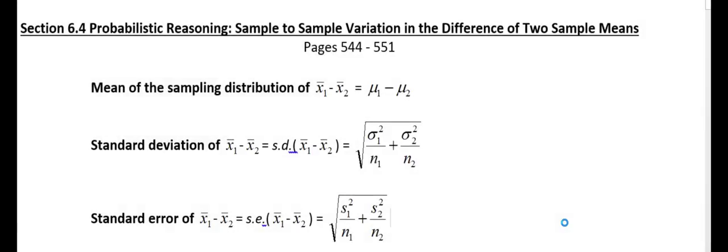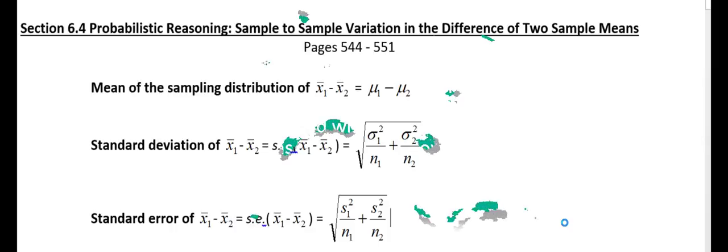So for standard error, we still have the square root, but underneath that we will have s sub 1 squared over n sub 1 plus s sub 2 squared over n sub 2. So we'll use this information for sample to sample variation in the formulas for calculating confidence intervals and hypothesis tests.